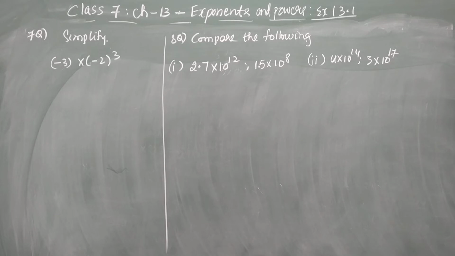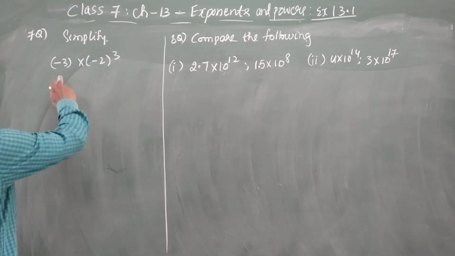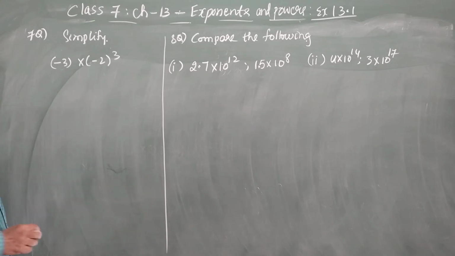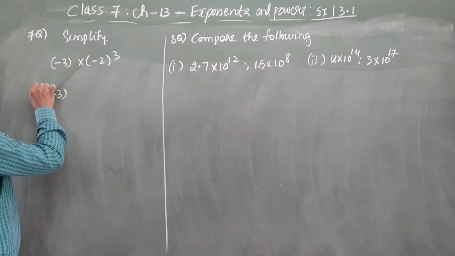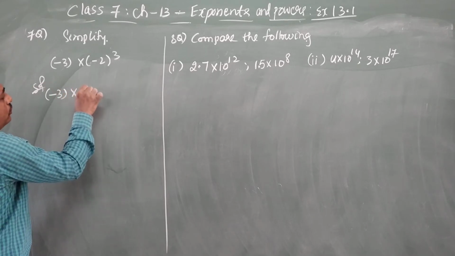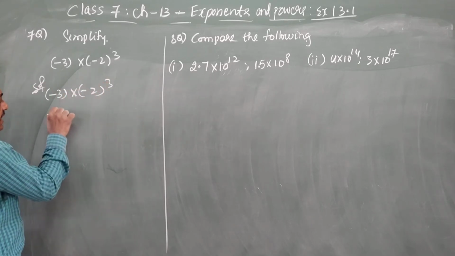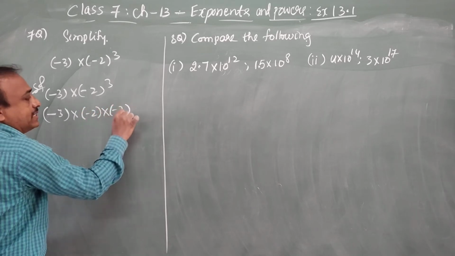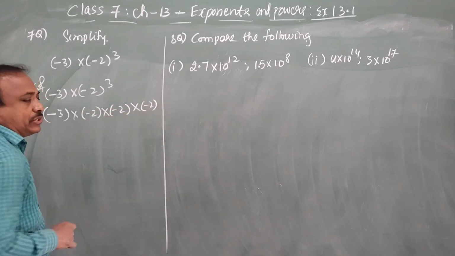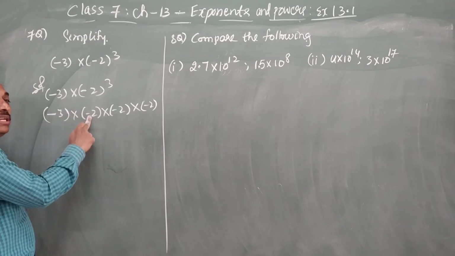Look at question number 7. Simplify minus 3 into minus 2 whole to the power 3. So minus 3 into minus 2 whole to the power 3. Minus 3 into minus 2 into minus 2 into minus 3. Minus into minus is plus.